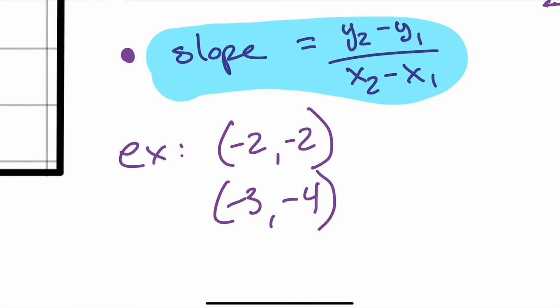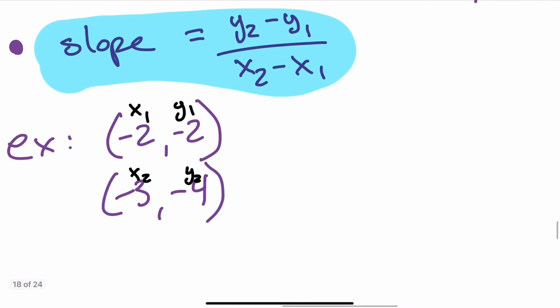Okay, so I'm going to label these. Every set of coordinates has an x and a y. So I've got an x1 and a y1. Why is there a 1? Because that's our first point. Then we also have an x and a y for the second point. And since it's second, I'm going to put a 2 next to it.